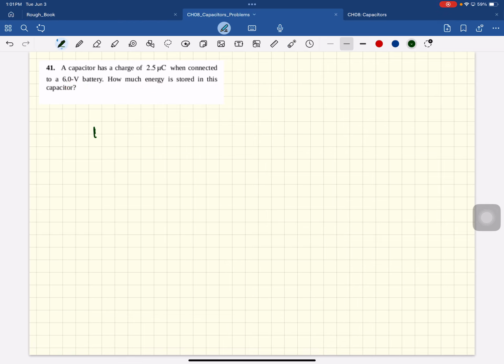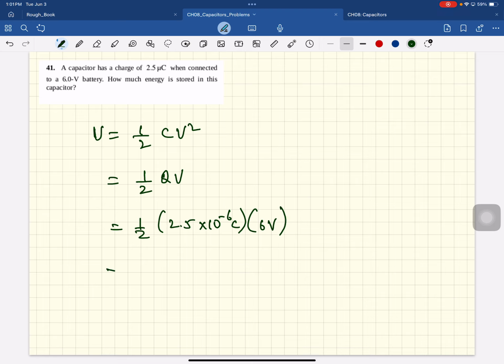So energy is 1/2 CV squared, or it's also equal to 1/2 Q times V. So 7.5 times 10 to the minus 6 joules.